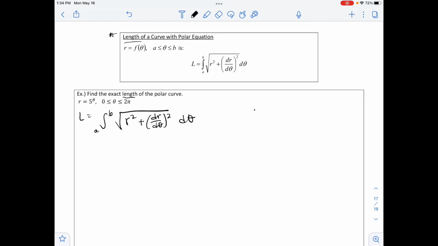So finding dr d theta, we need to take the derivative of 5 to the theta with respect to theta. And so that's going to be 5 to the theta power times ln of 5.